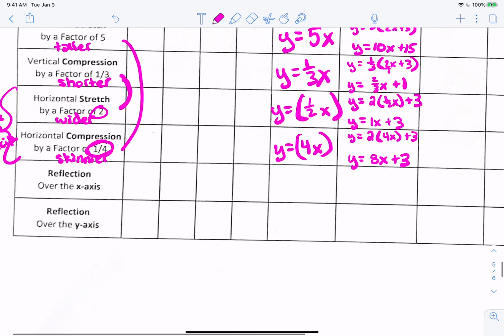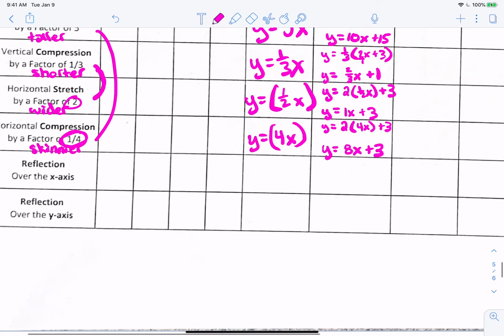Okay, the last two down here are reflection over the x-axis. These two are going to involve negatives, but one of them involves inside parentheses, one of them is outside of parentheses. Do you know which one is which? The second one's parentheses. Okay? Really, to this linear function, what's the difference between these two? Those parentheses aren't doing anything, right?